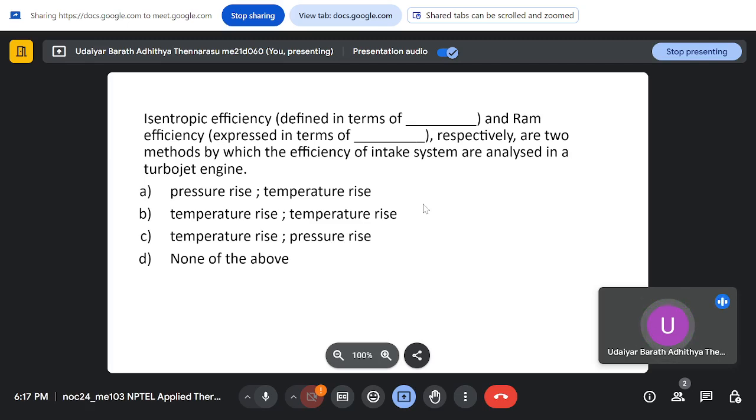We generally use the enthalpies, or in case you assume ideal gas, it becomes the ratio between temperatures. So defined in terms of temperature rise. And then ram efficiency, we know the ram effect. What is ram effect? Your kinetic energy is converted to a rise in pressure. So that is called the ram effect. So this efficiency is calculated based on the pressure rise. So answer is option C, temperature rise and pressure rise.